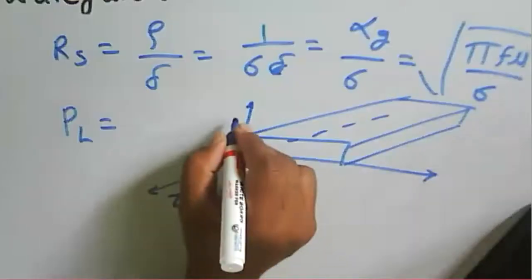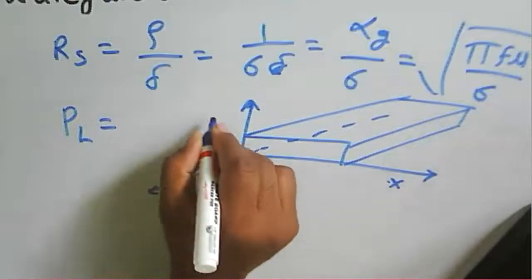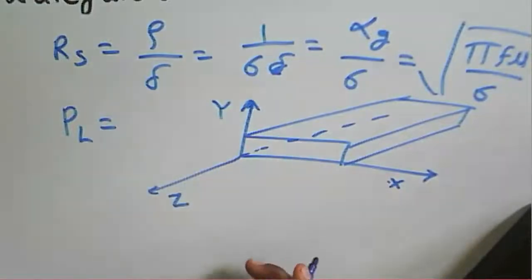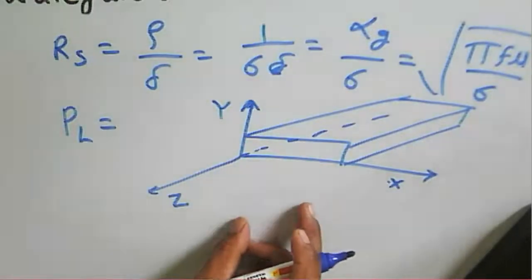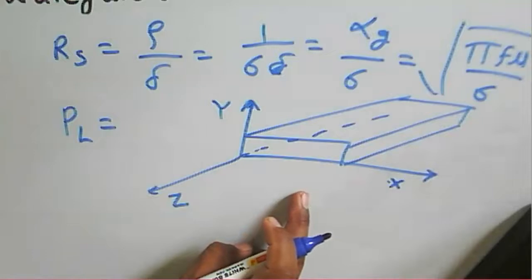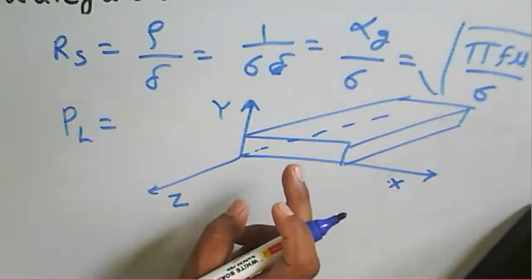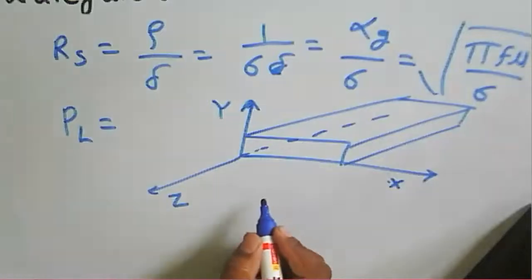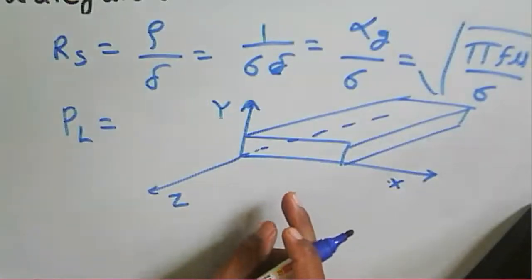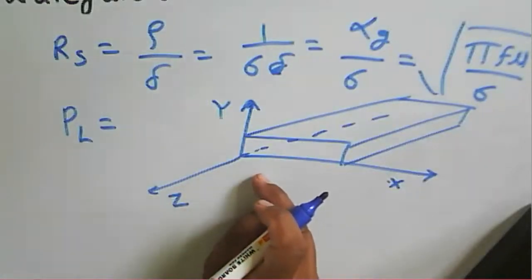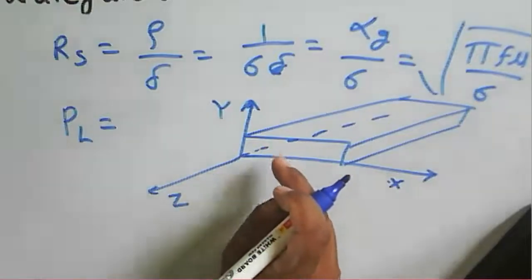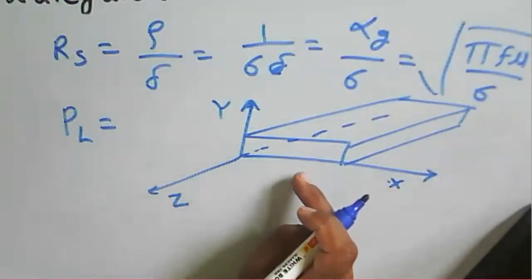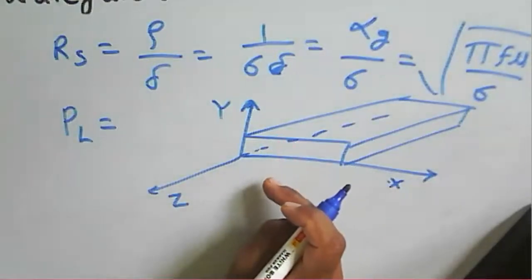We say that one is x, and this is y. Since the wave is propagating through the guide, the total signal propagation takes place because of the reflection.